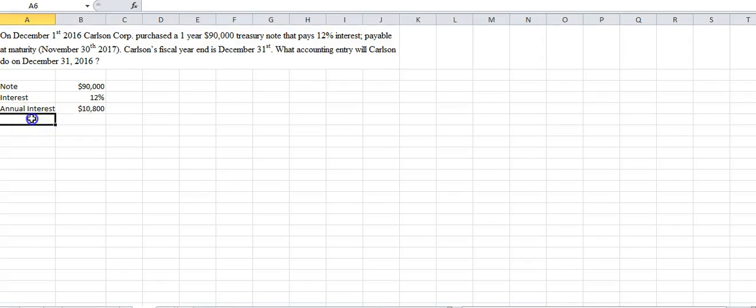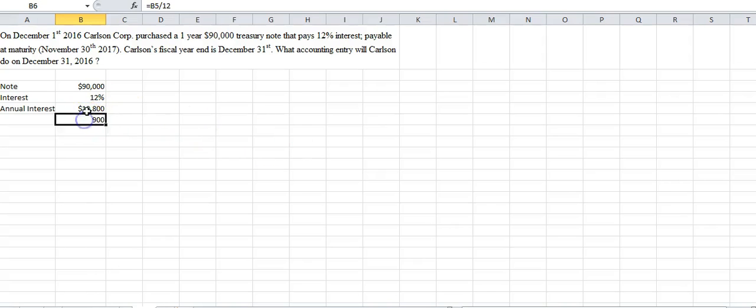But they purchased this on December 1, and so they're going to accrue the interest that they earned up to December 31st. From December 1 to December 31st, how many months have gone by? 1 month, right? So you're going to accrue the equivalent of 1 month. What's the equivalent of 1 month? Well, 10,800 divided by 12, right?